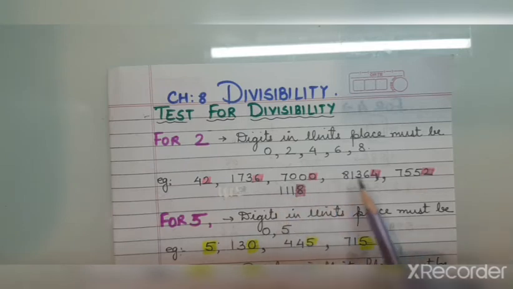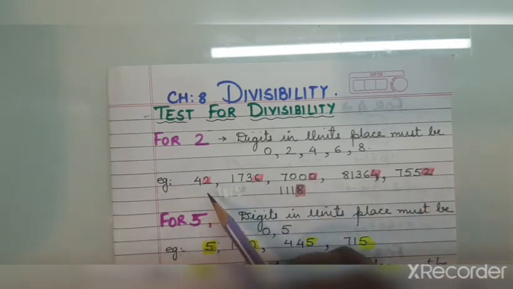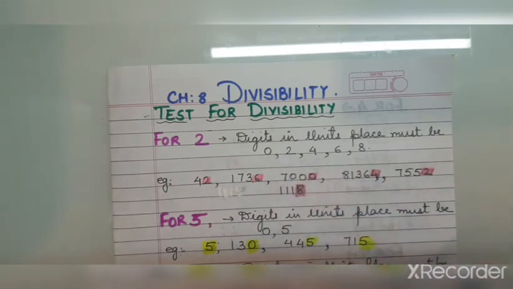So here I have written some examples: 42,176, then 7000, next number is 81,364, next number 7552, and the last number written here is 1118. All these numbers, you will see that in the units place, we have digits either 0, 2, 4, 6 or 8. And therefore, all these numbers are divisible by 2.